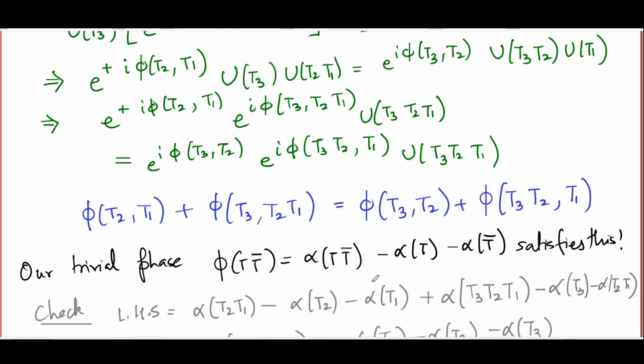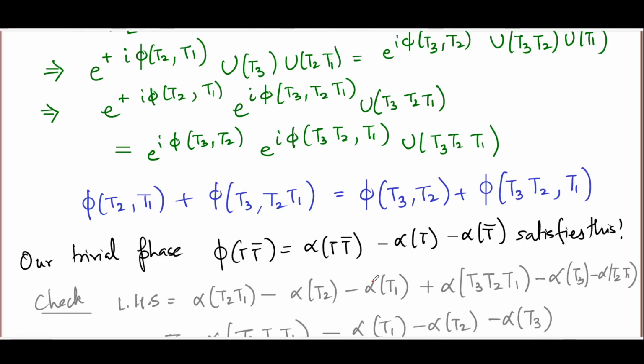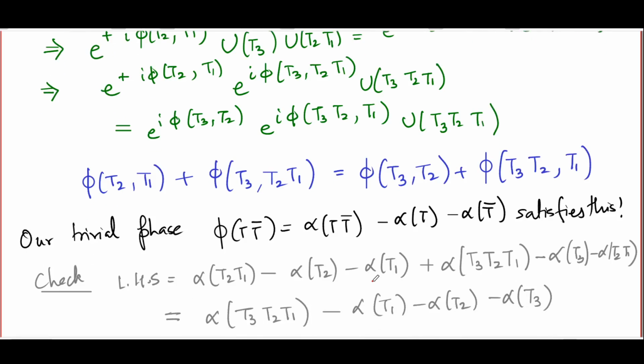The LHS in this case will be alpha(t2 t1) minus alpha(t2) minus alpha(t1), that's for phi(t2, t1), plus phi(t3, t2 t1), which is alpha(t3 t2 t1), the product of all three operators, minus alpha(t3) minus alpha(t2 t1). Now, cancelling out the alpha(t2 t1), we'll end up with this expression on the left hand side: alpha(t3 t2 t1) minus alpha(t1) minus alpha(t2) minus alpha(t3).